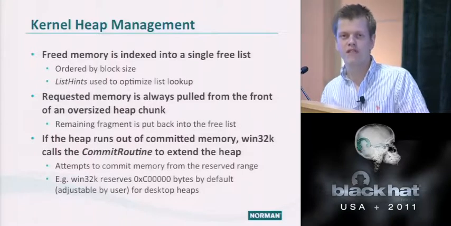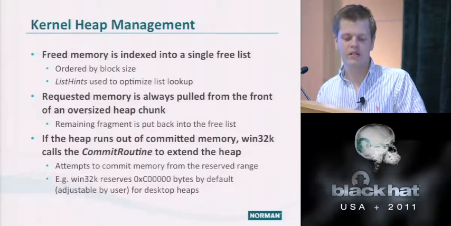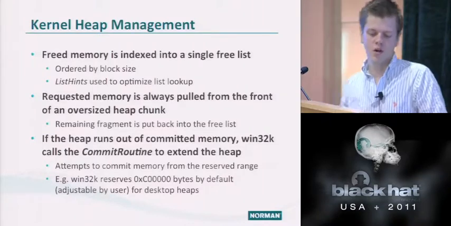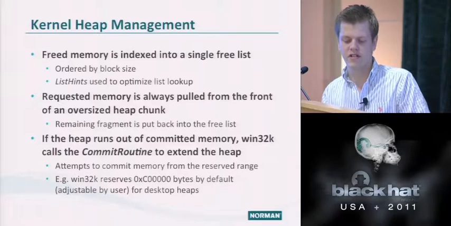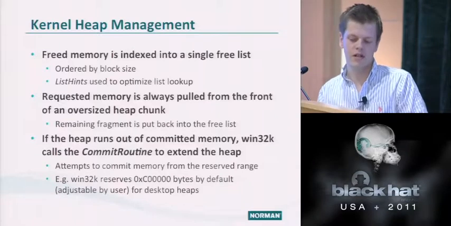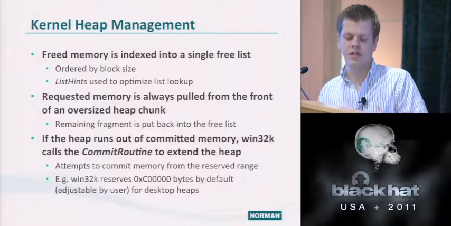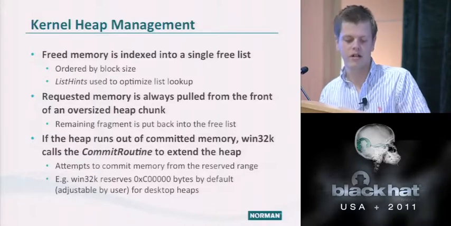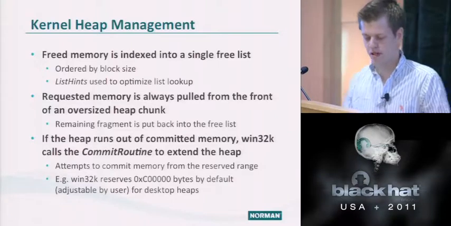If the heap runs out of committed memory, it tries to extend it by calling the commit routine. So if you overwrite the commit routine, which was one of the attacks on the user mode heap years back, you could do this in the kernel since there's no obfuscation. Even if there was encoding, you would be able to get the encoding key since the heap itself is mapped into user mode.